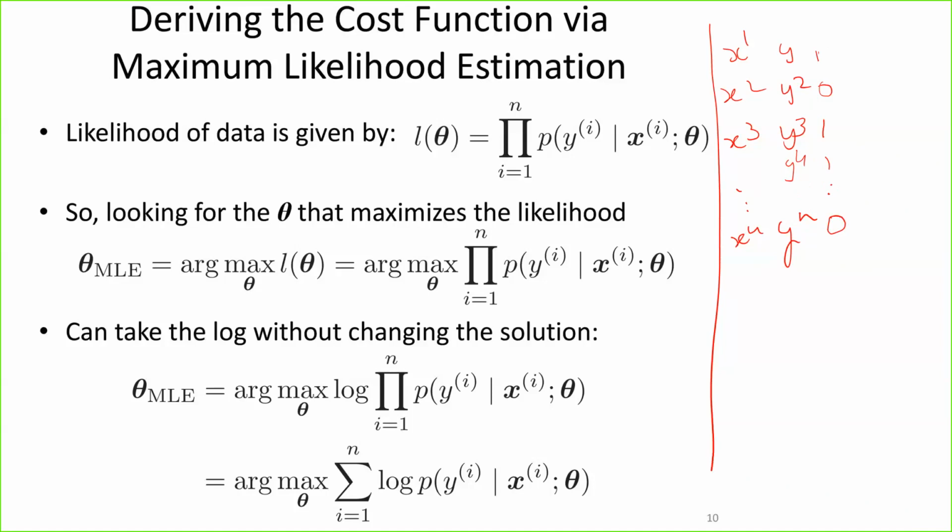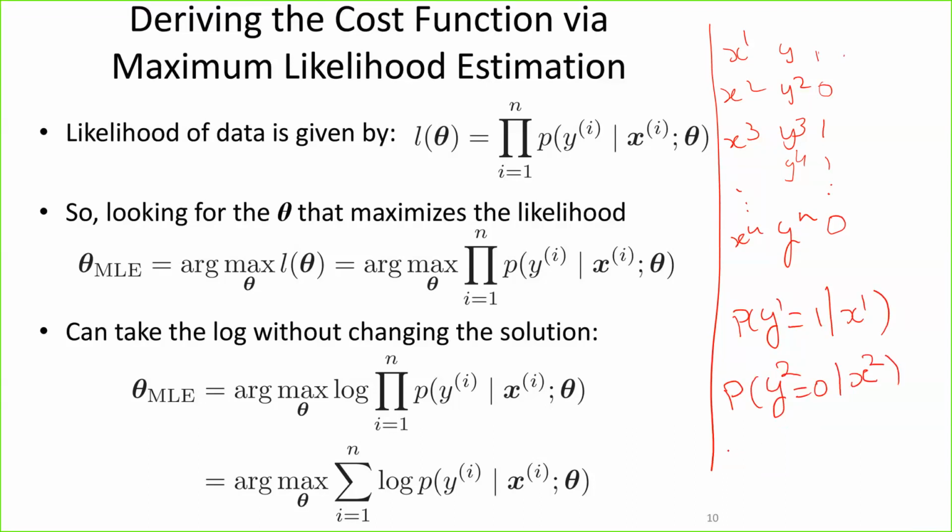So when we say we want to maximize the likelihood of the data, what do we mean by that? We want to maximize the probability that yi belongs to a certain class given the corresponding xi. It means I want to maximize the probability of y1 equal to 1 whenever x1 is given, because the output is 1. Similarly, whenever x2 is given, I want to maximize the probability that y2 equals 0.